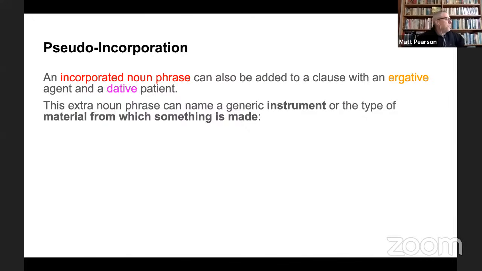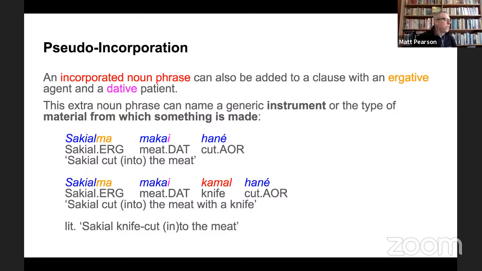Okay, so an incorporated noun phrase can also be added to a clause that already has an ergative agent and a dative patient. And in this case, the extra noun phrase names a generic instrument or sometimes the type of material from which something is made, depending on the verb.